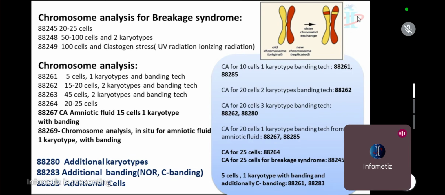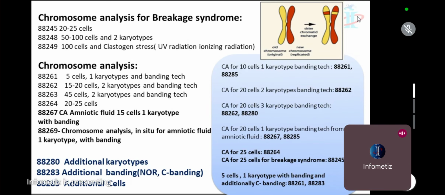And 249 is 100 cells, clastogen stress. Highlight clastogen stress. So these three are only and only for breakage syndrome, SC syndrome.